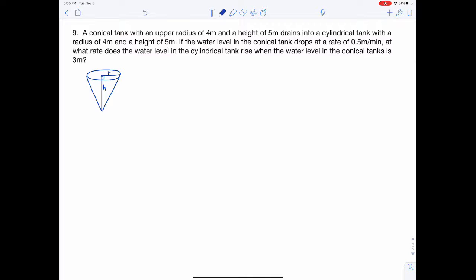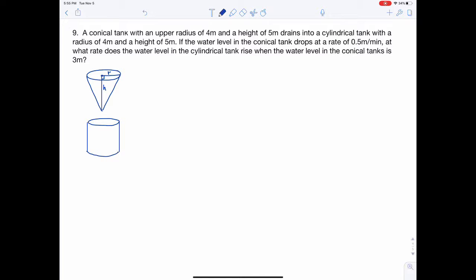And that water is draining into a cylindrical tank. So it's draining into this cylindrical tank.